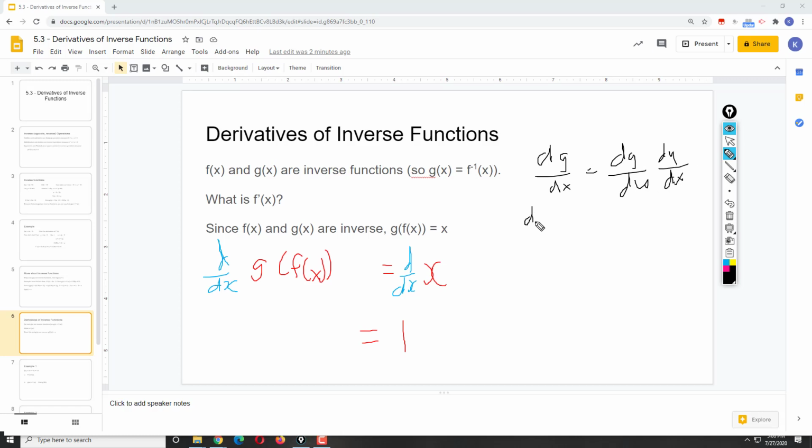Another way to write the same thing, dg over dx is the derivative. Well, u is f of x, so it's g prime of f of x times f prime of x.